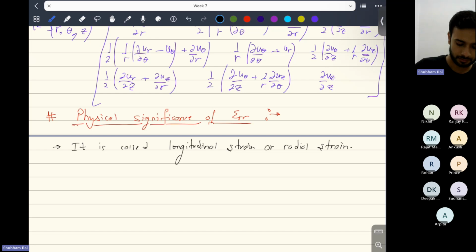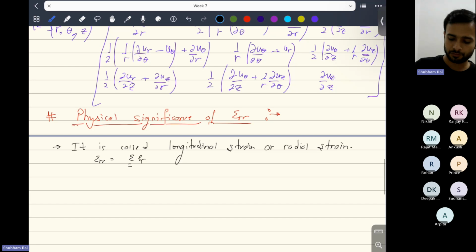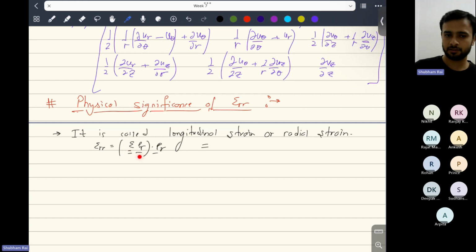So in the radial direction, you will have some strain. This strain is represented by epsilon r, and this is nothing but the strain tensor in e r direction. That may give you traction on the r plane and then resolve in e r direction, so that will give you epsilon r. And that is nothing but inserting the strain tensor here, multiplying with the e r vector and dotting with e r, so you get epsilon r. This first component, first row, first column, then you are good enough.